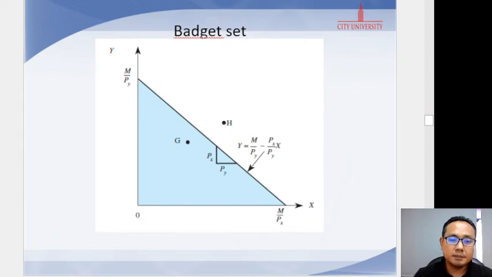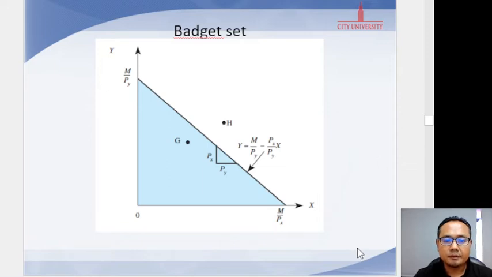The upper boundary of the budget set in the figure is the budget line. If a consumer spends her or his entire income on good X, the expenditure on good X would exactly equal the consumer's income.